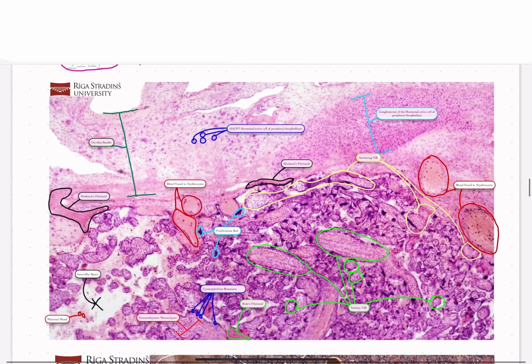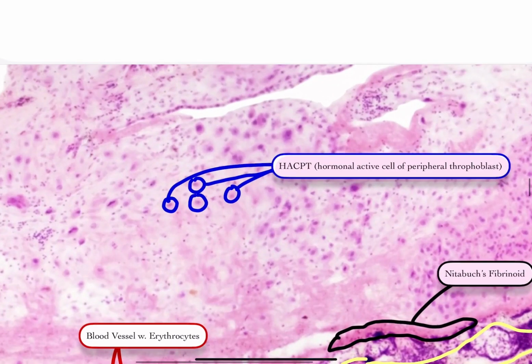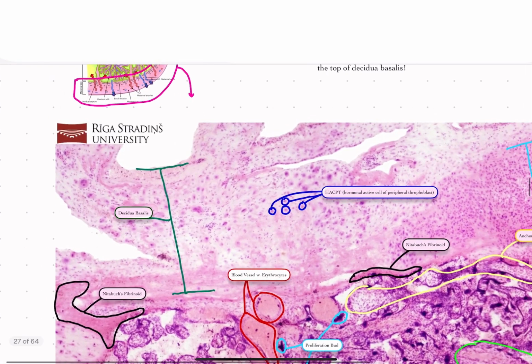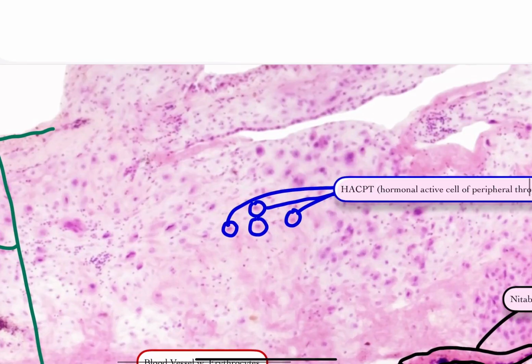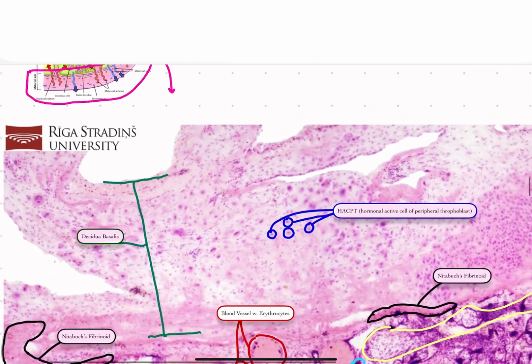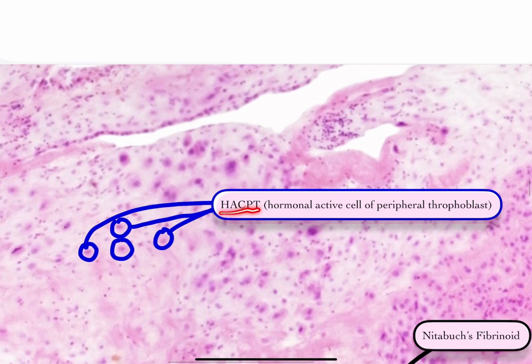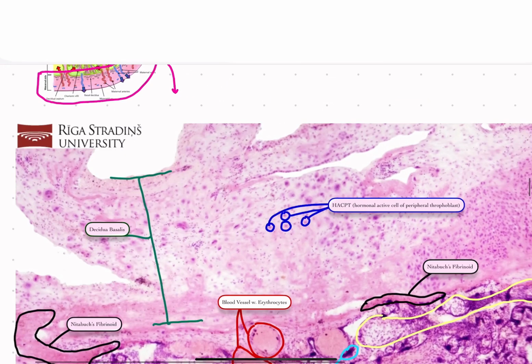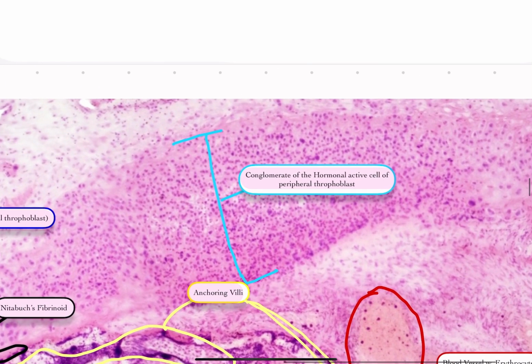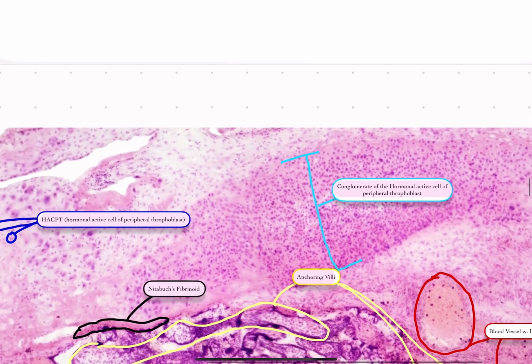One of the structures I wanted to mention, other than the HICPT cells that is in the maternal placenta that I've talked about, all of these cells, they can also bunch up together and conglomerate, and in that case we have to write conglomerate of the hormonal active cell of peripheral trophoblasts.